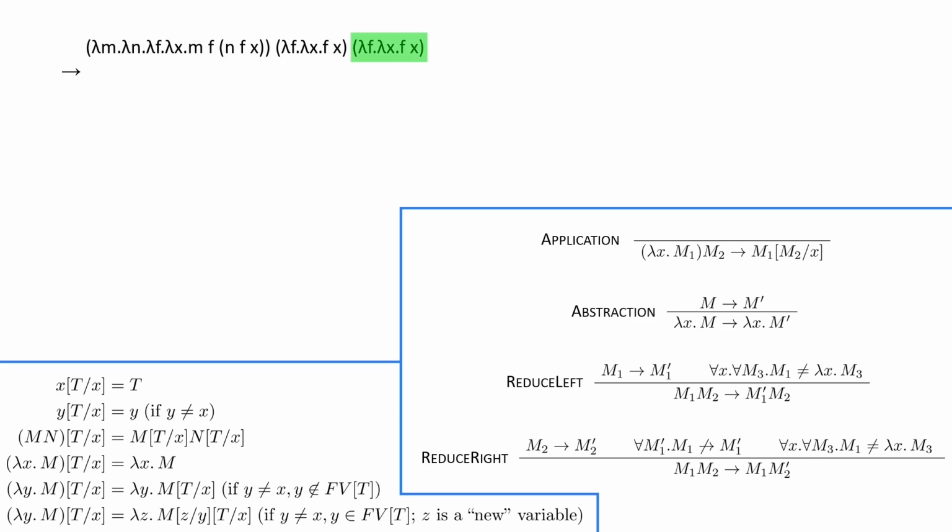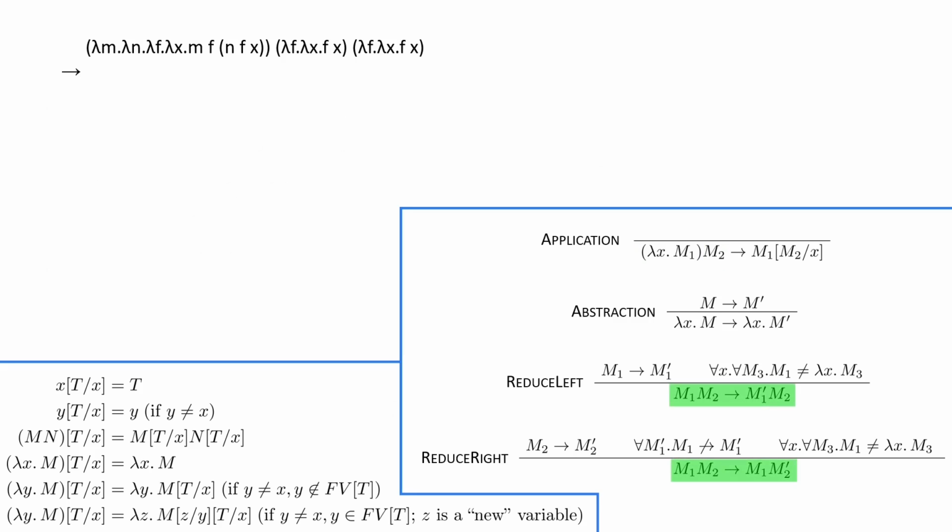And the rand of that application is an abstraction. The conclusion of the application rule cannot possibly match because it's the application of an abstraction to any expression, and our application's rator isn't an abstraction, it's an application.